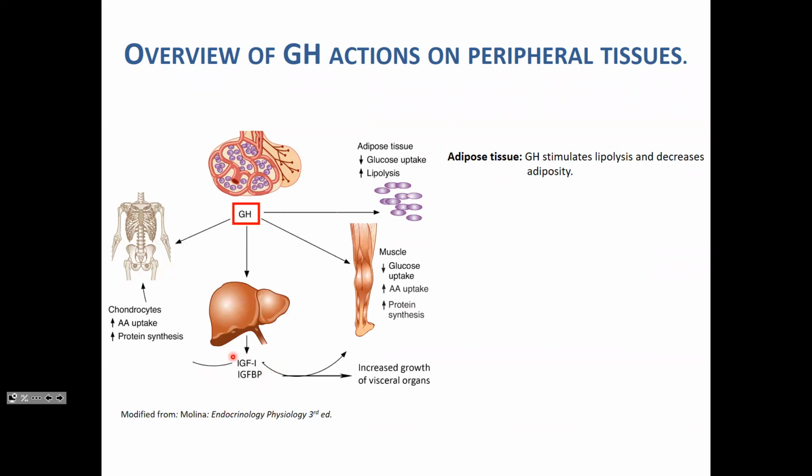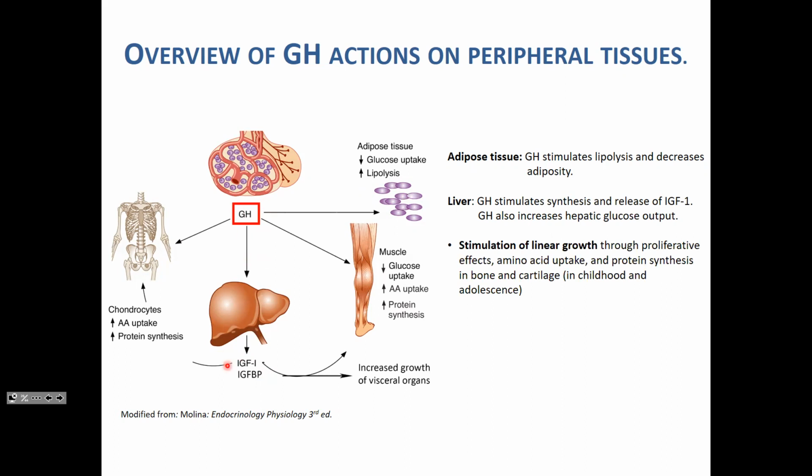Now, this IGF-1 probably mediates most of the somatic effects of growth hormone. So if you get rid of this, you don't have a lot of the effects of growth hormone. So most likely it's IGF-1. I forgot, growth hormone also stimulates hepatic glucose output. It increases gluconeogenesis in the liver.